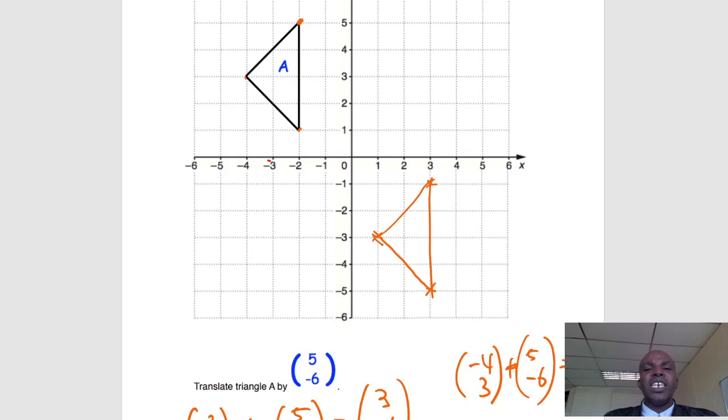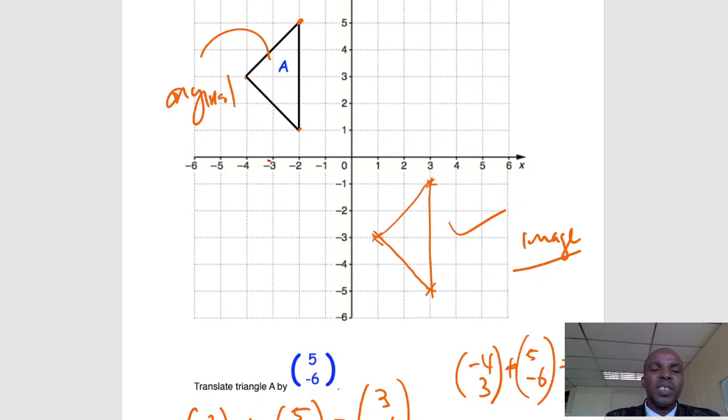If you check, direction is still the same. So this will be called the image of triangle A. Triangle A is called the original, and this one is called the image. Next question, number 2.